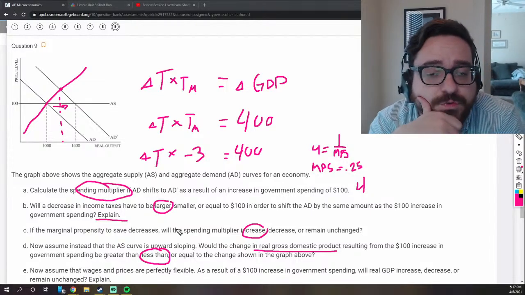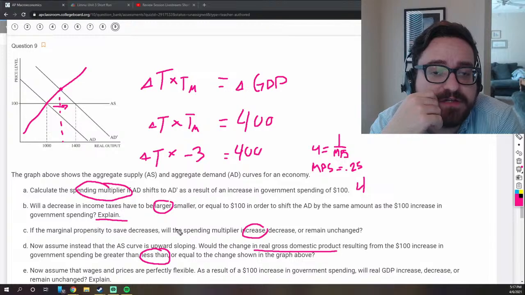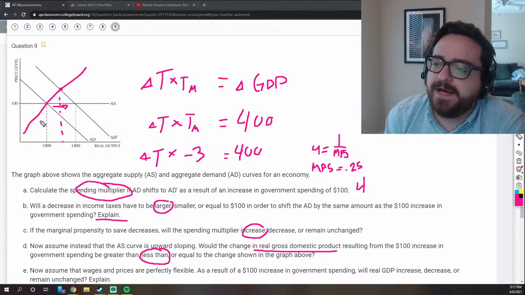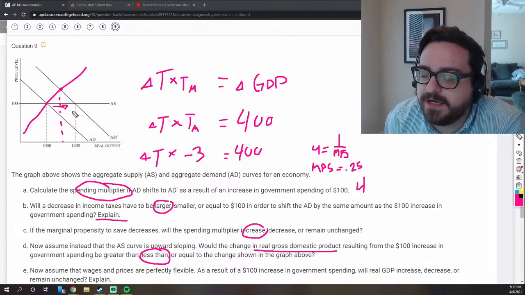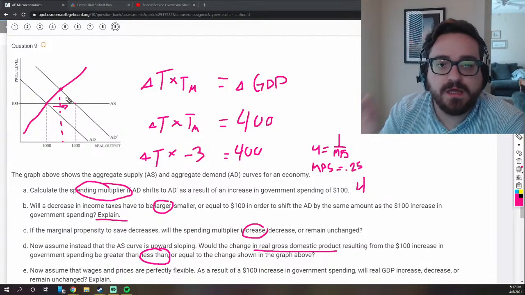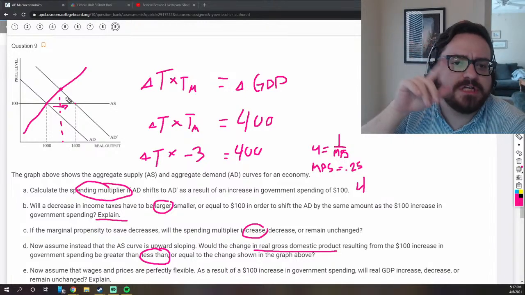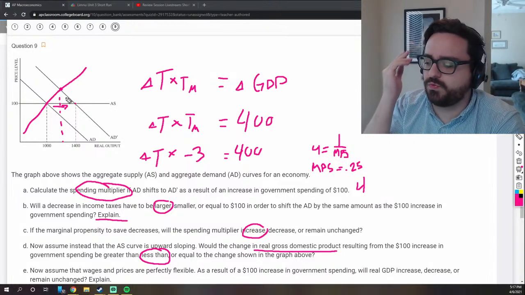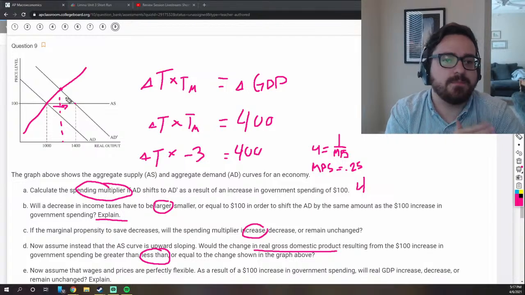If you wanted actual reasoning for that, it's because of the inflation stuff. If it was a horizontal curve, us spending more doesn't cause any more inflation, meaning there is no real GDP getting messed with there. It is just raw: we spend more, we make more, that's it.